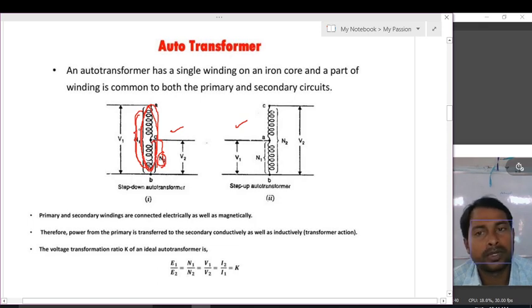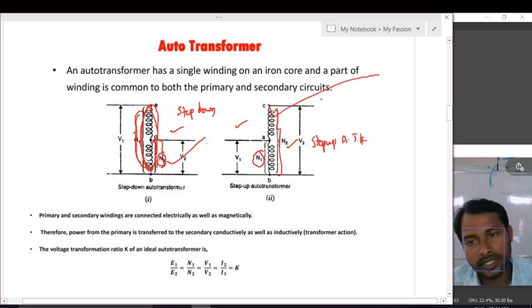Here the primary turns are more and the secondary turns are less, so this is the step down auto transformer, with primary turns N1 and secondary turns N2. This is the step up auto transformer. Practically, the step down auto transformer is used for voltage variac and voltage regulation purposes, and the step up for boosting purposes.